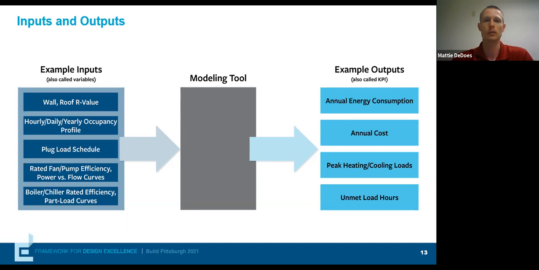But the accuracy of those assumptions is going to affect the accuracy of our outputs. So number one, everyone on the team has to put their heads together to make good guesses to get valuable results. And number two, those could change between what we assumed and how the building is actually used.